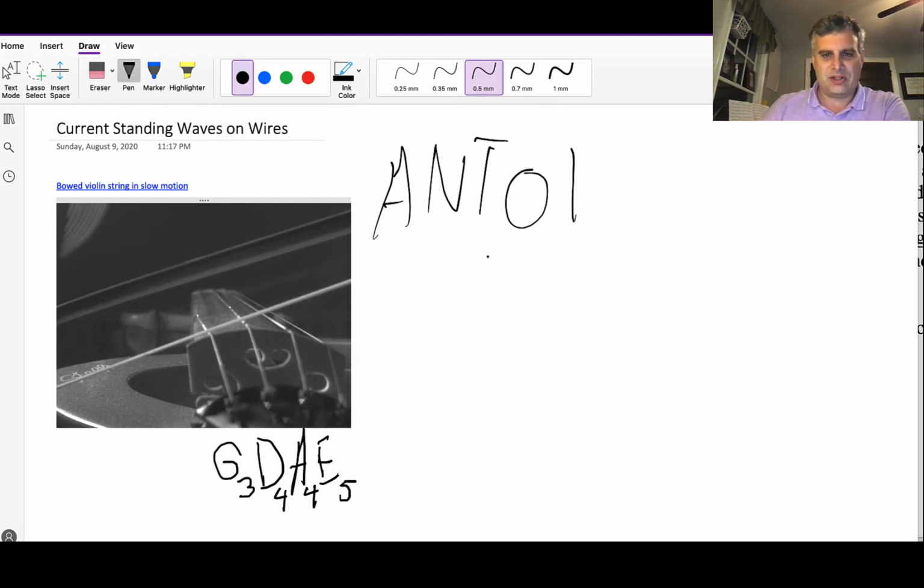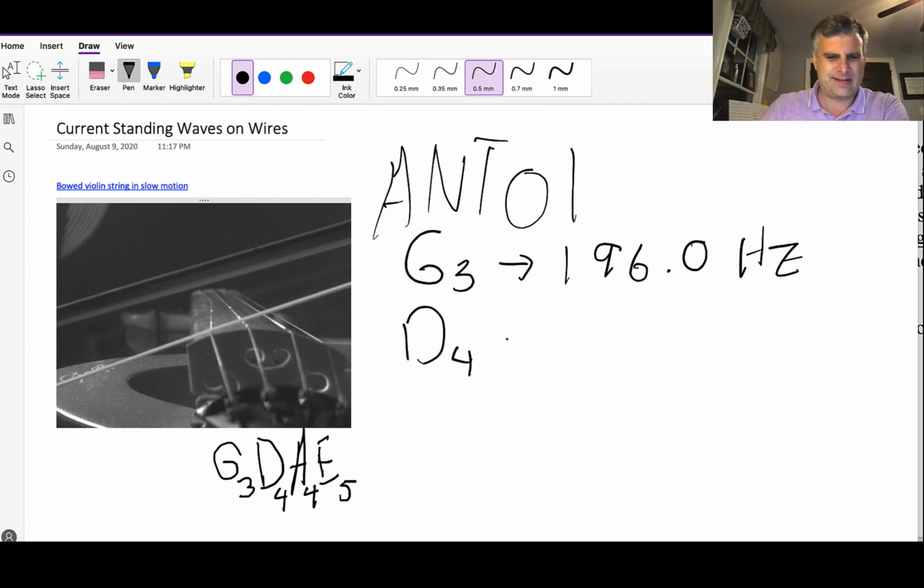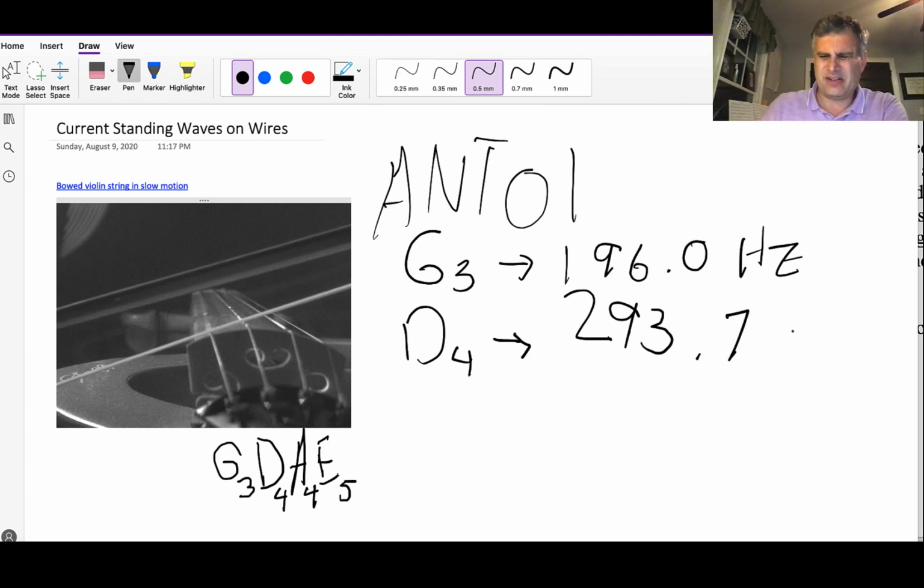And if you are an extraordinary AV nerd, G3 corresponds to a frequency of 196.0 hertz. And D4, if you please, is 293.7 hertz.